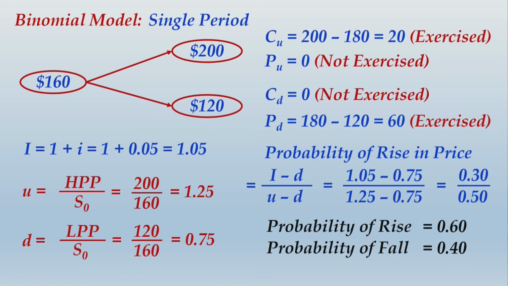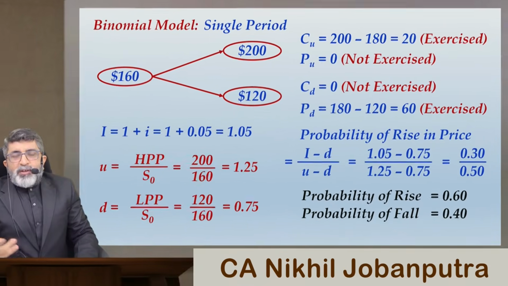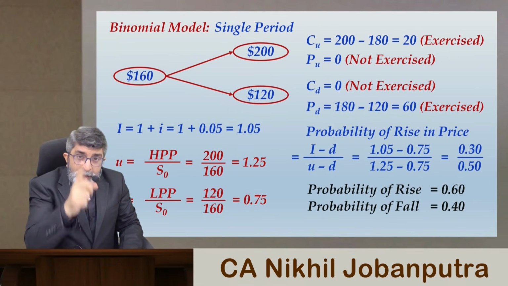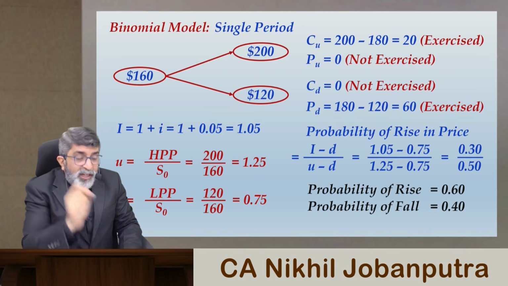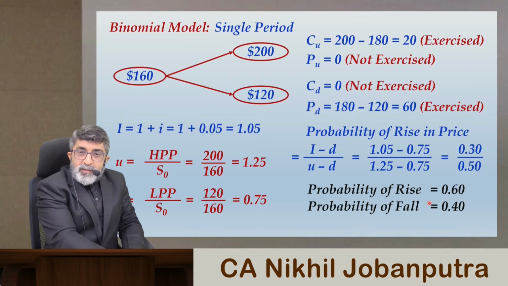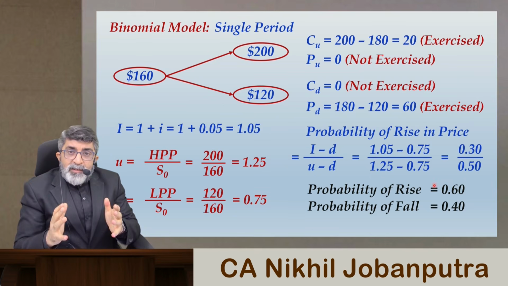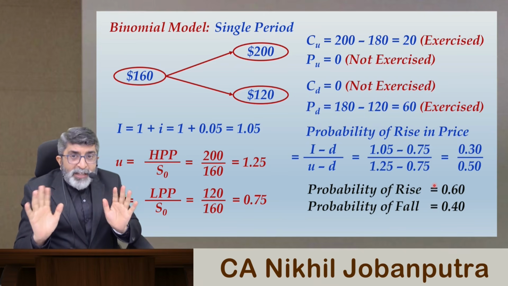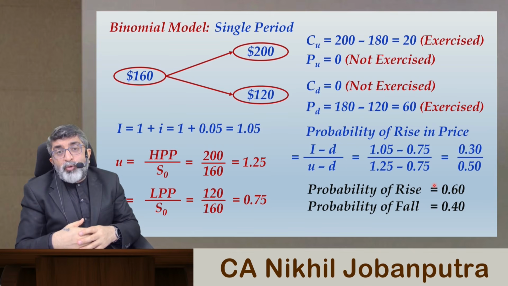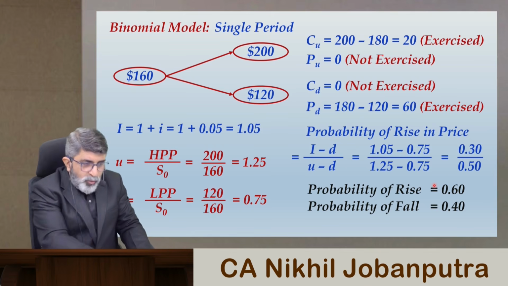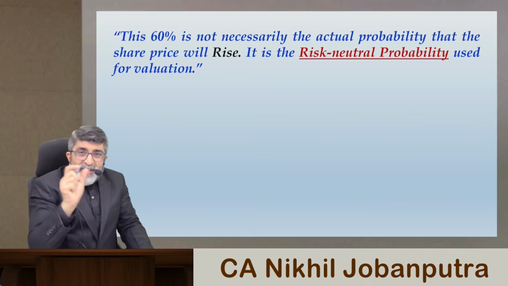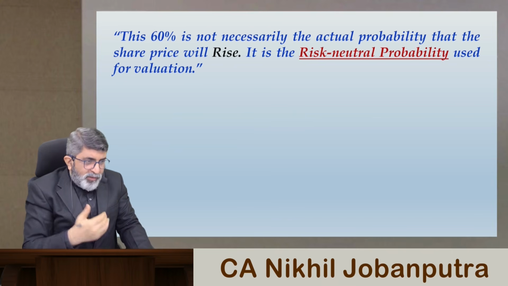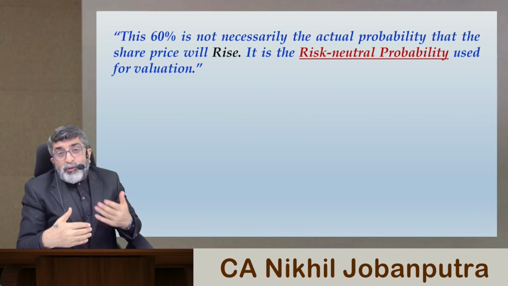Alright friends, once you have taken the screenshot or noted this, let me remind you once again, the probabilities that you are determining over here by taking this approach are basically risk neutral probabilities. So these are not actual probabilities, they represent the risk neutral probabilities of up move and down move. The 60% or 0.60 that you computed is not necessarily the actual probability.